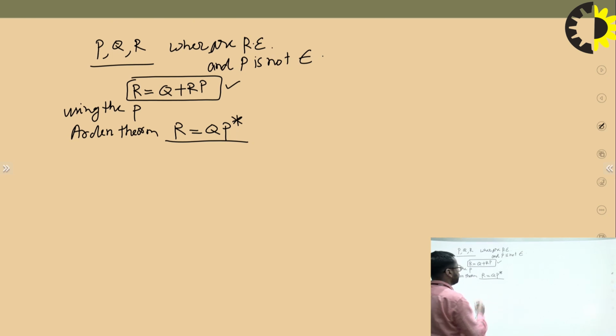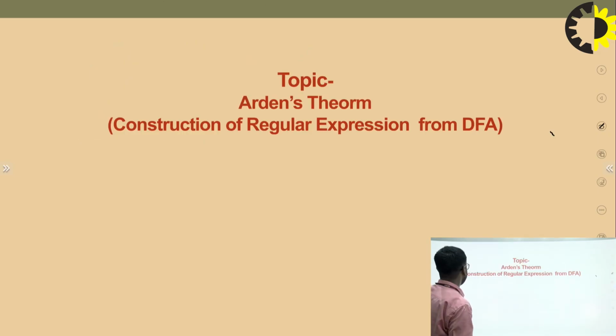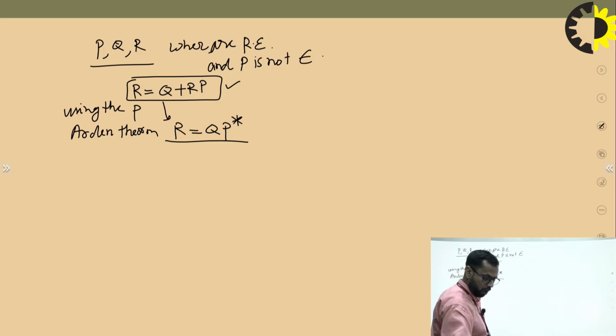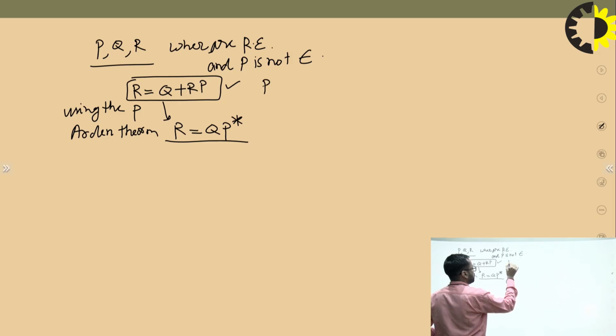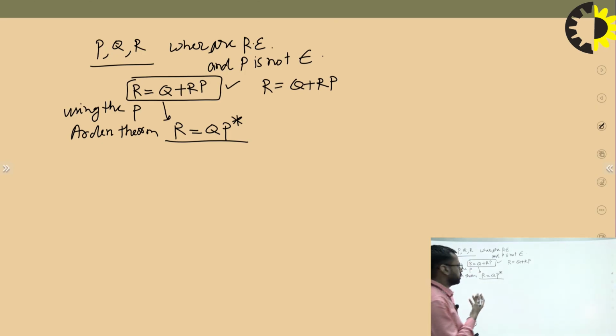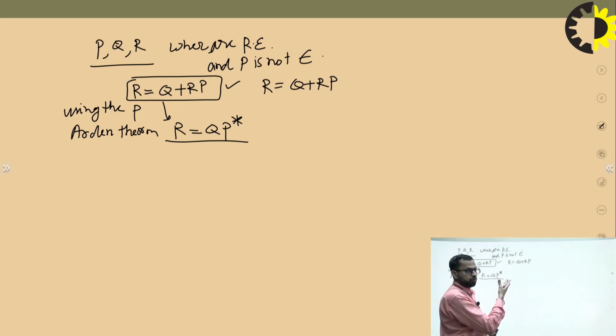So how is it proved from this one to this one? Basically, Arden's theorem is the construction of a regular expression from the DFA model. So how will it be constructed? Let's suppose the model is R equal to Q plus RP.